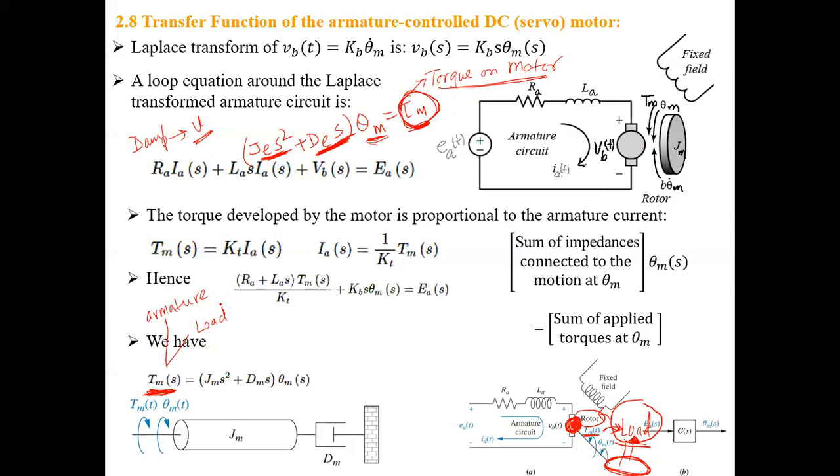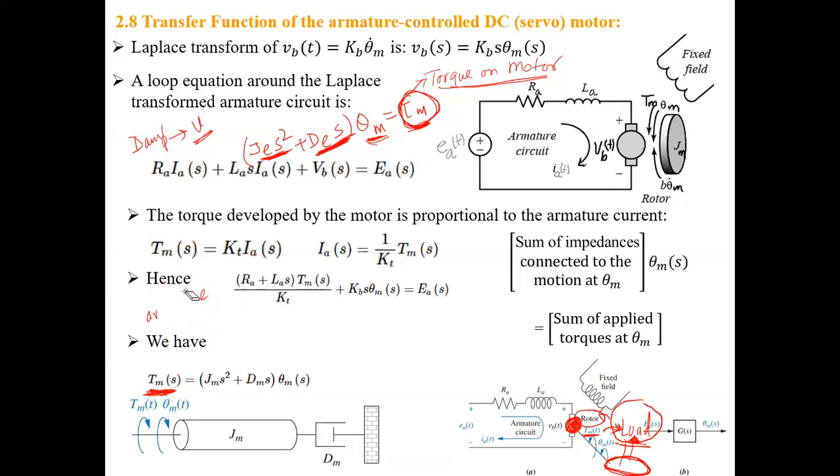What's the point of having motor without load? That's why you have to take load also into account. So load plus armature makes the motor. In other words, this Tm not only moves the armature, but also it has to move the load. That's why it has two components.